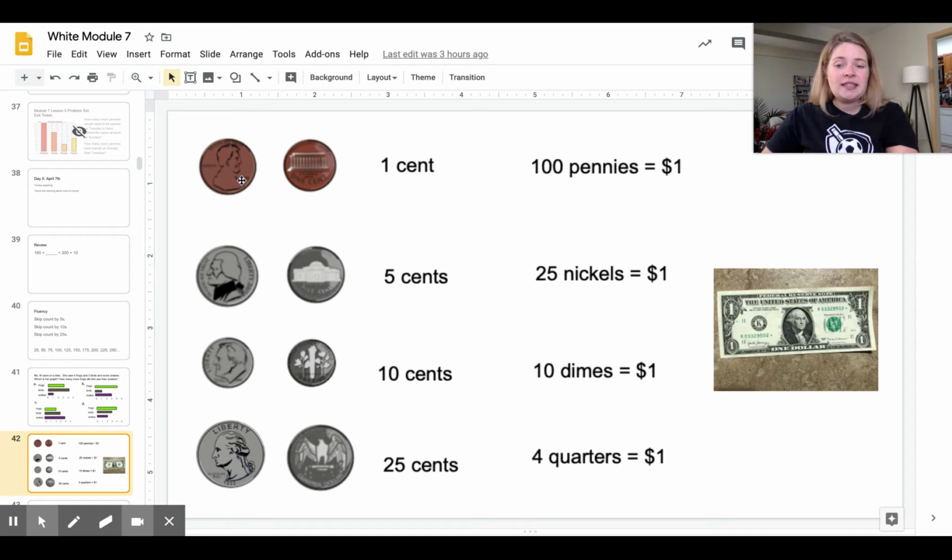Remember that coins have a front and a back, and so it's important to recognize the size more than anything else. A penny is 1, a nickel is 5, a dime is 10 cents, and a quarter is 25 cents.